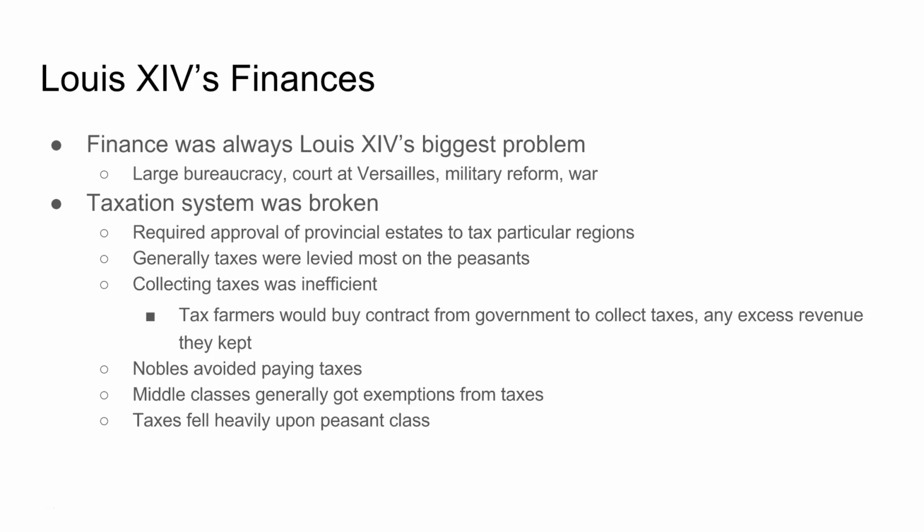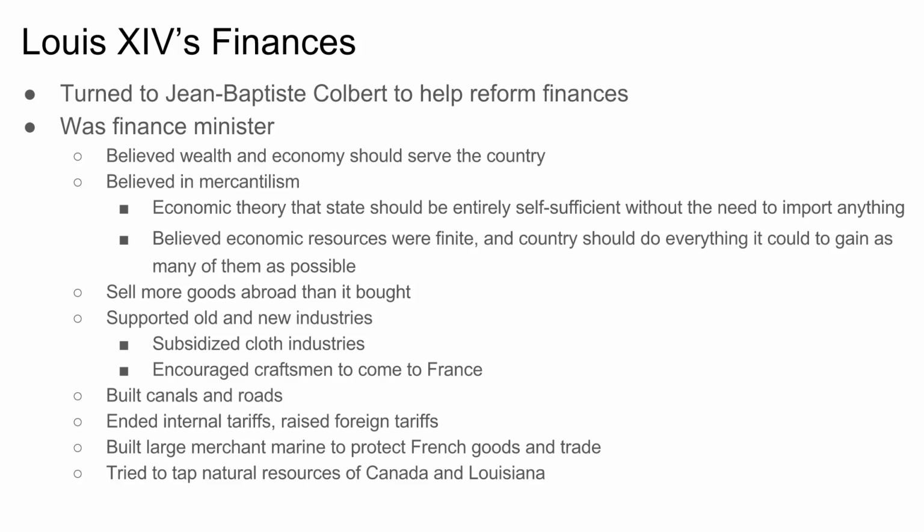The middle class writes all these exemptions from taxes. And so the taxes, as I mentioned before, are almost exclusively paid by the peasant classes, which just does not work very well. It's not an effective system. It's not a sustainable system. It's just not going to work out for anybody.